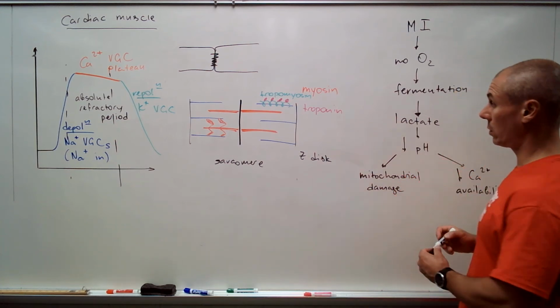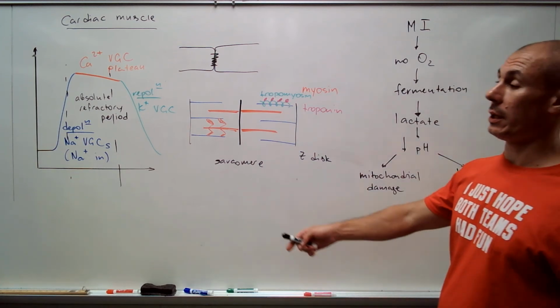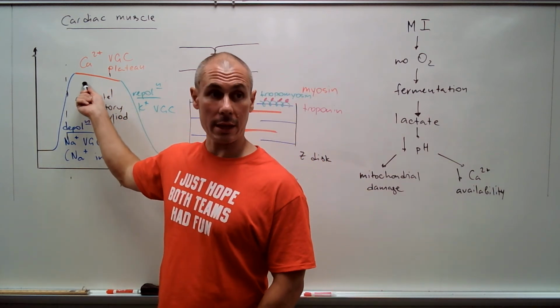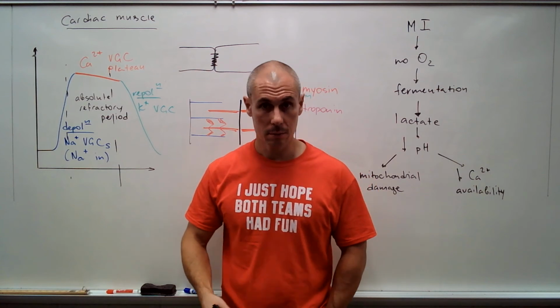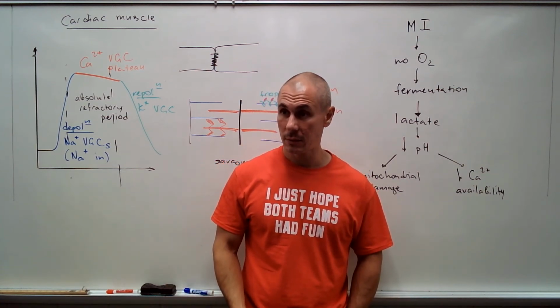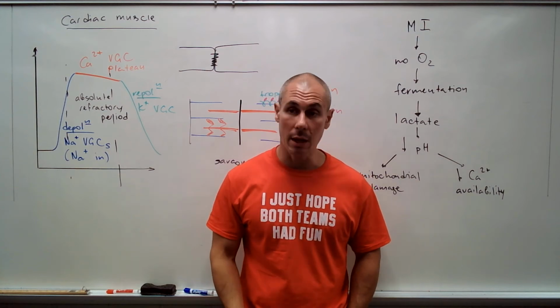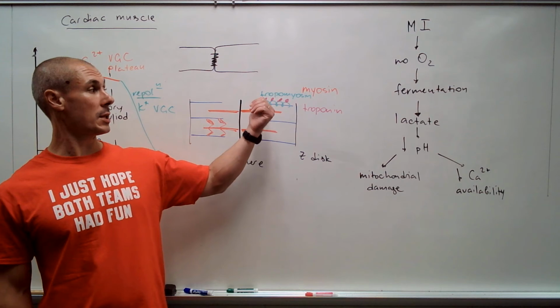Now, I was stupid to erase these key steps, but remember when we were talking about the process. A couple of things. First of all, with decreased calcium availability, you're not going to have a proper plateau, right? So contractile force will be reduced. Does that make sense? Without calcium in the cell, you're not going to have a proper contraction period because calcium cannot bind.